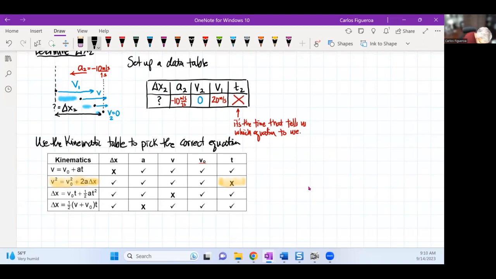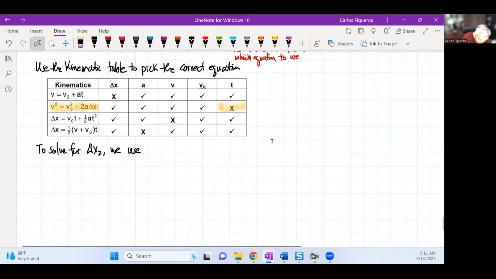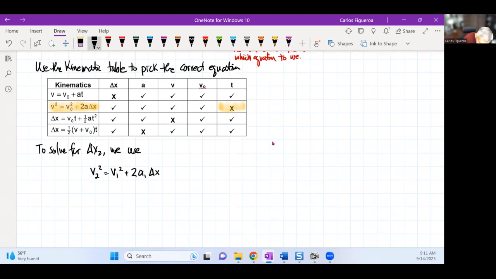So now, to solve for delta x2, we use, putting it into my notation here, v2 squared equals v1 squared plus 2a2 delta x2, oops, that should have been a 2.